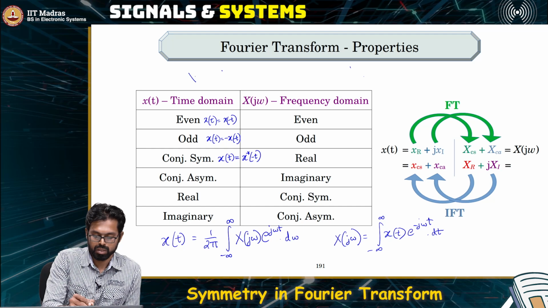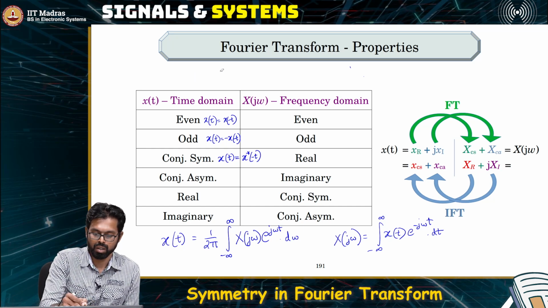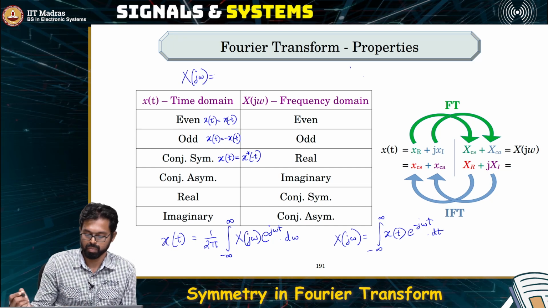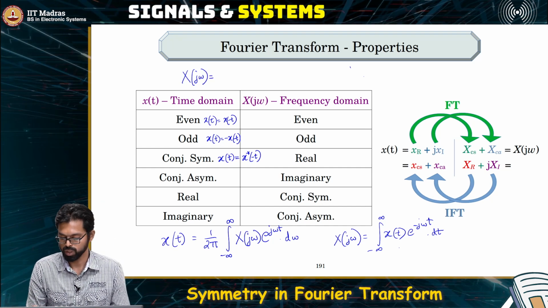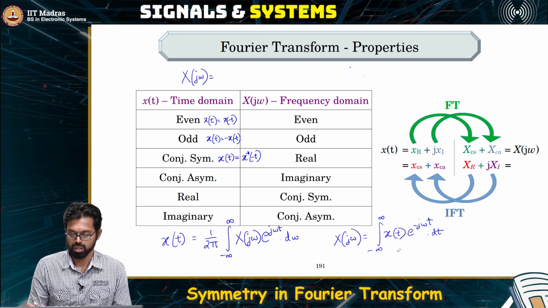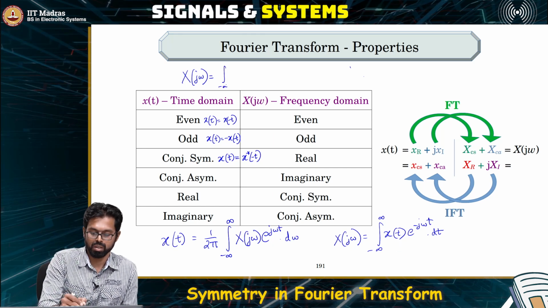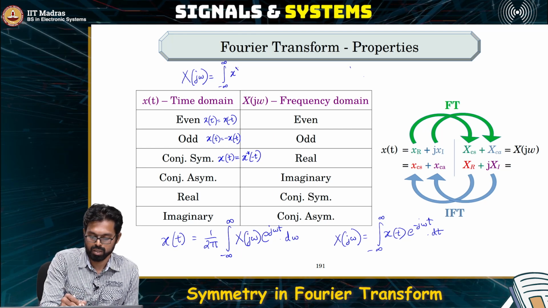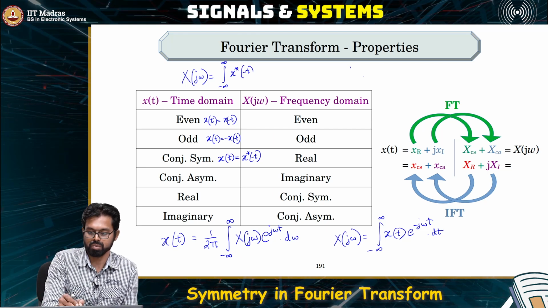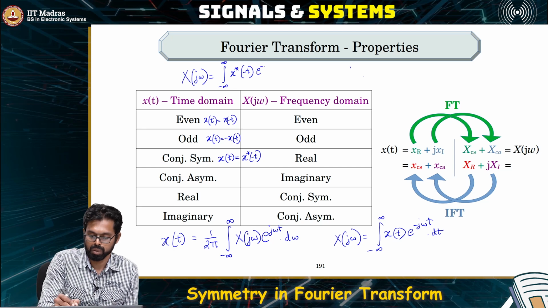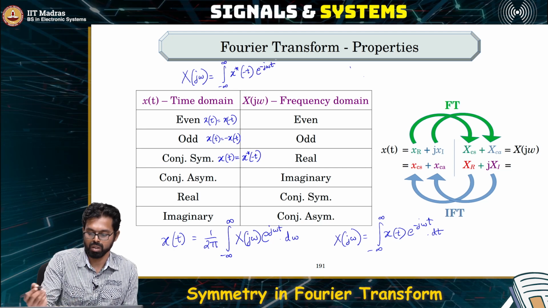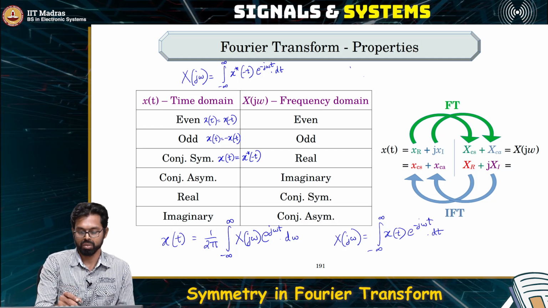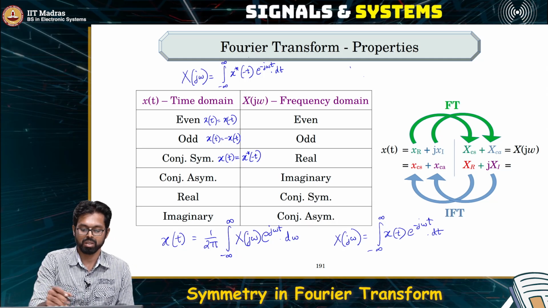So let us say that x of j omega is equal to, so we know the expansion here, so just simply replace that x of t here with x star of minus t. If you replace this with x star of minus t, what can we do? The first thing that we can do is take this conjugate outside.